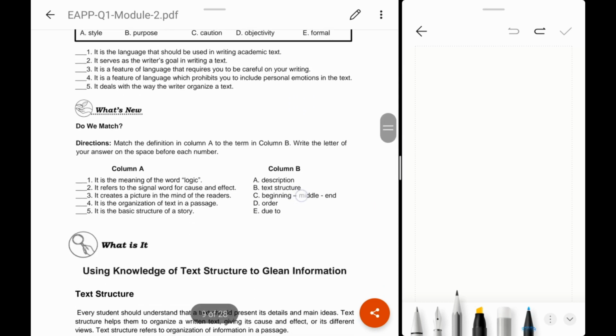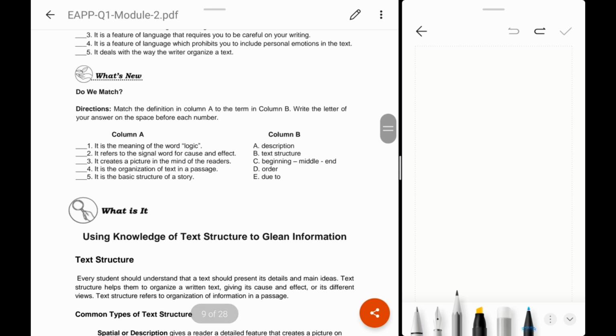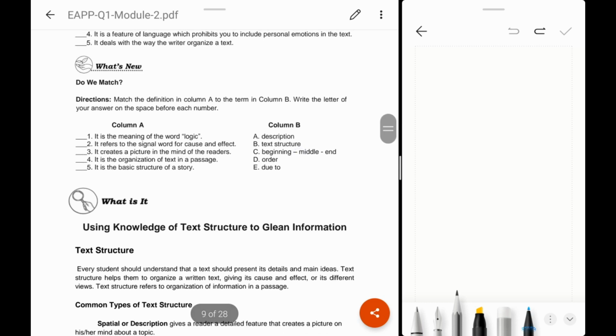Okay, this time, let's talk about "What's New" by doing this activity titled "Do We Match?" Here, you're asked to match the definition in column A with the terms in column B by only writing the letter of your answer on the space provided for each number.